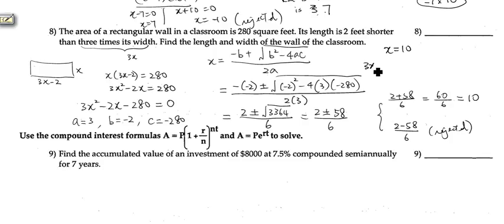That would be 3 times 10 minus 2. That becomes 28. So what is the length? Therefore, the length is 28 and the width is 10.